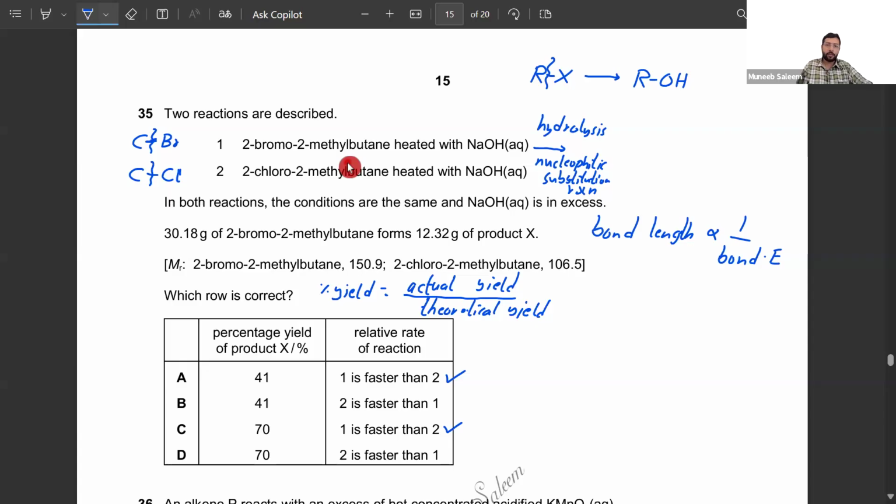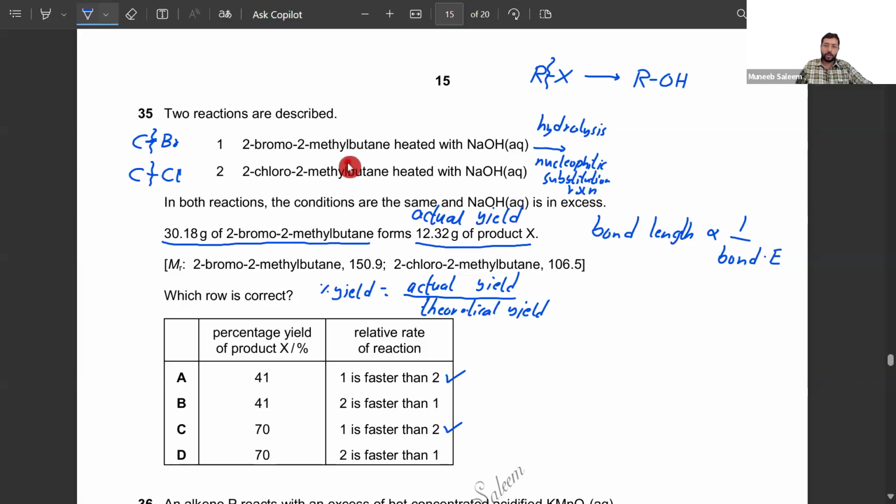Now in the statement, they have already mentioned that this much mass of the original compound forms 12.32 gram of the product X. Now this is the actual yield. We have to determine the theoretical yield. From there, we will find the percentage yield.